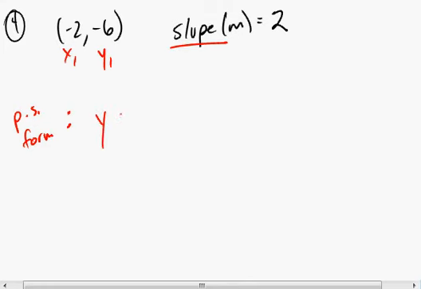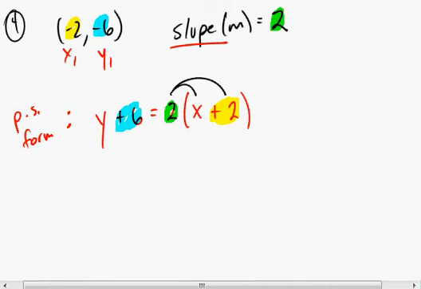Y plus 6 equals 2 times x plus 2. Good job. Okay. This is -2. This is -6. And then this 2 is this, right? Now, the answers don't look like this. They put it in slope-intercept, so we've got to solve this for y, right?